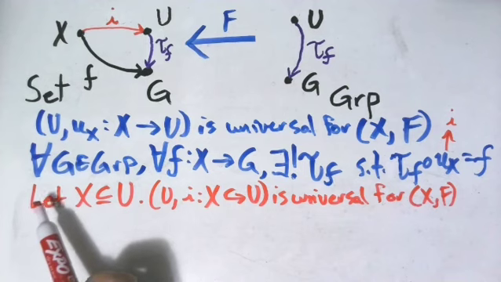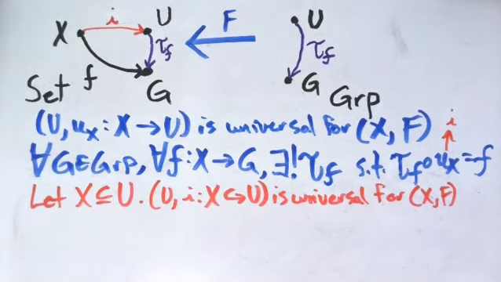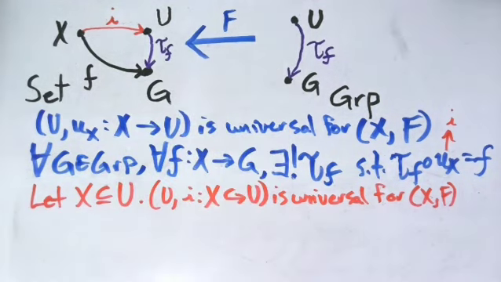Well, we see that for any group G and for any morphism F from X to G, we need to have a single group homomorphism, tau of F, such that this commutes.